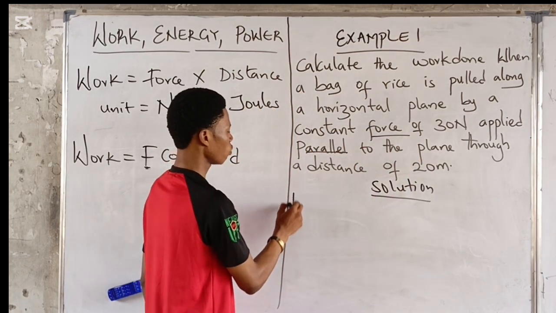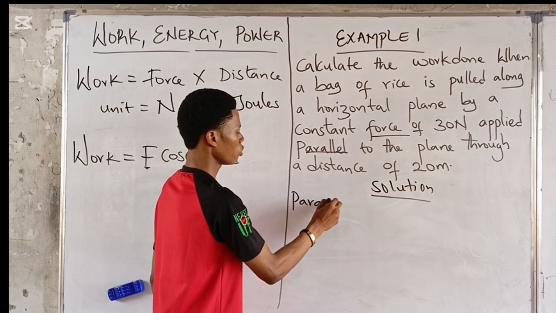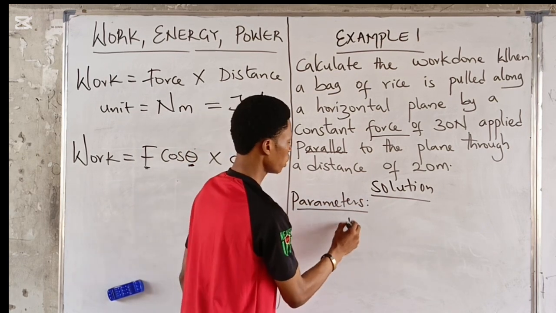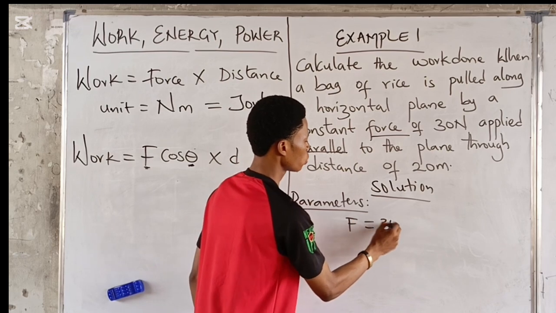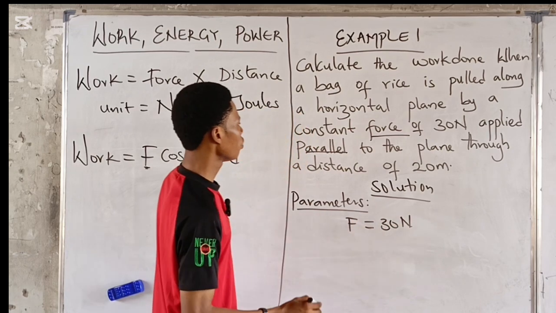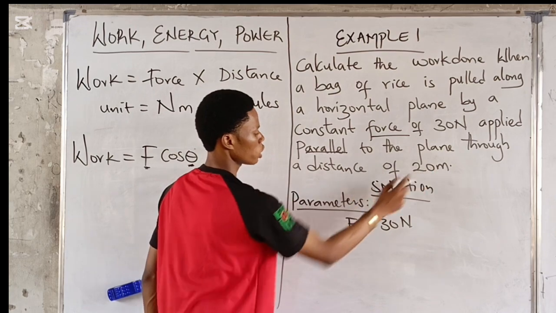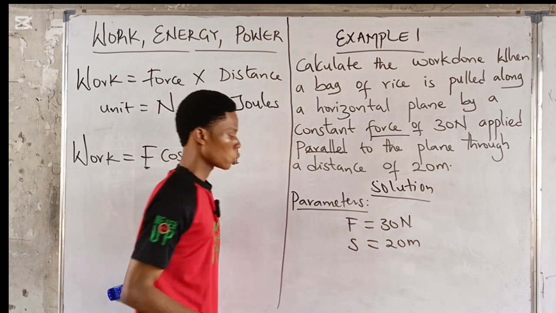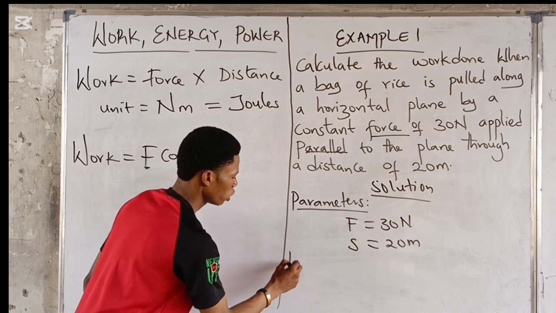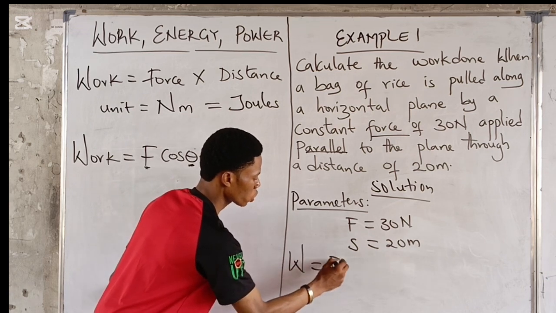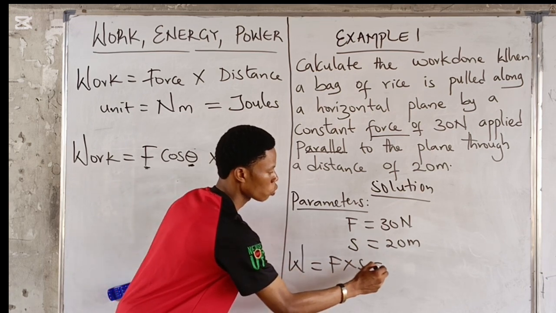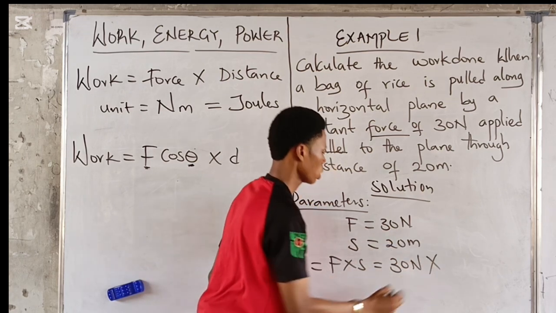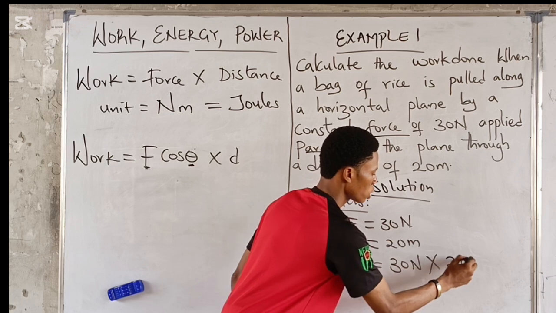So the parameters given: we're given the force as 30 newtons, and the distance as 20 meters. So you agree with me that the work done, W, is equal to force times distance, right? Which is equal to 30 newtons times 20 meters.